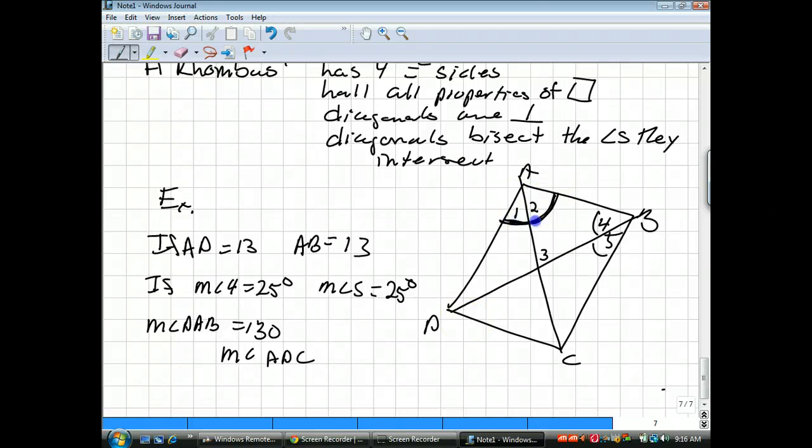Well, if this is 130, and we know that these are parallel because a rhombus is also a parallelogram, then this angle has to be supplementary to this one, so this one has to be 50. So ADC would have to be 50 degrees. Okay.